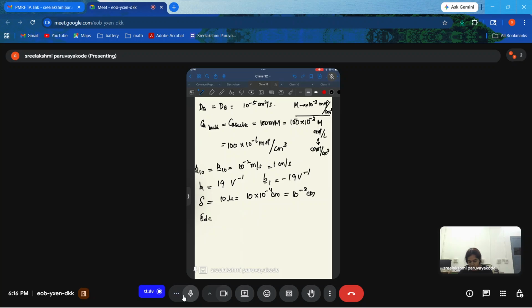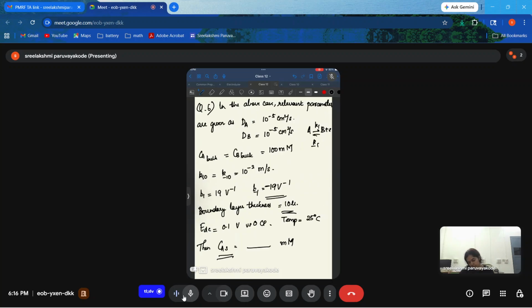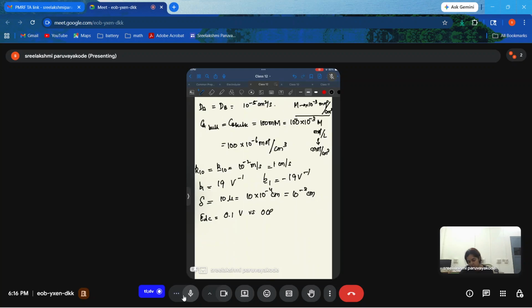Now EDC equal to 0.1 volt versus OCP. So the first step is to convert all the units so that you don't make a mistake. Now K10 and K20 are given, K1 DC and K minus 1 DC are not given. K10, K minus 10 is given here. You also know what B1 is.